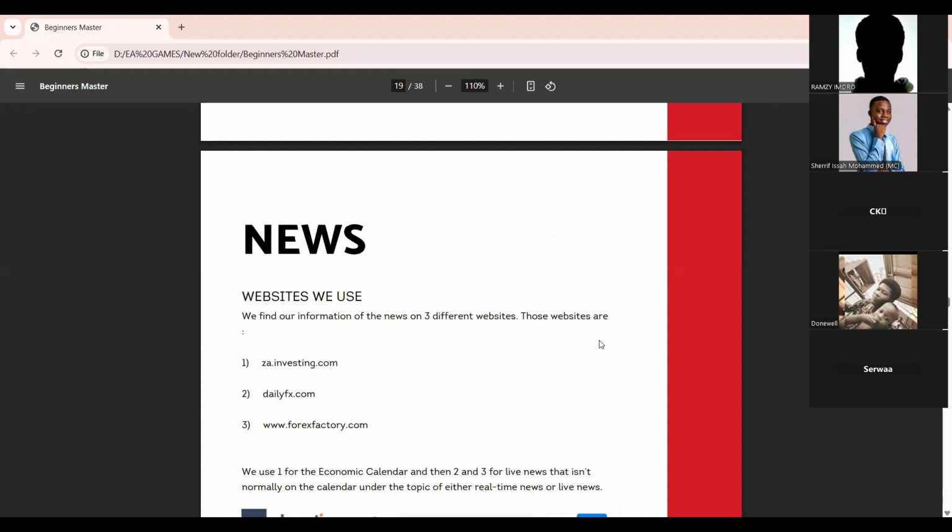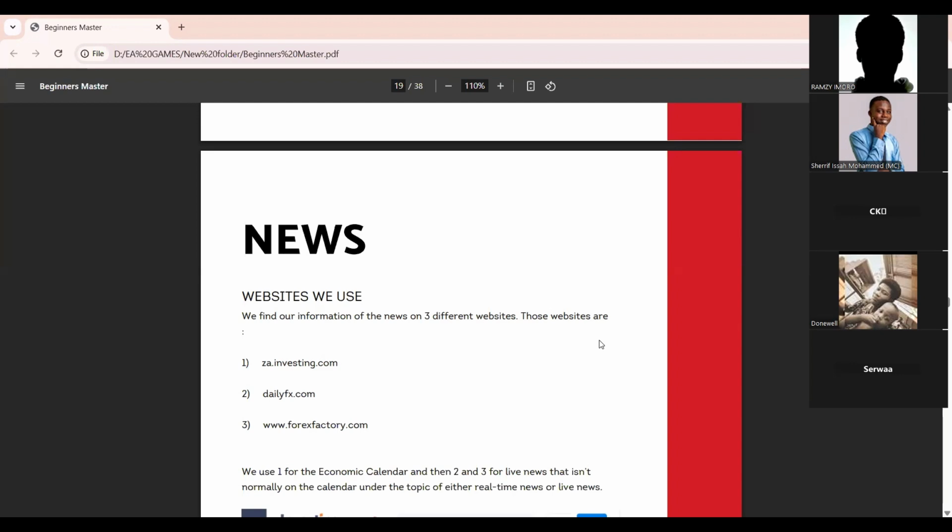This data comes out when our central banks want to give out info about how the economy is moving, how politics is affecting them, how the bank is trying to help strengthen the currency, and how badly the currency is moving.